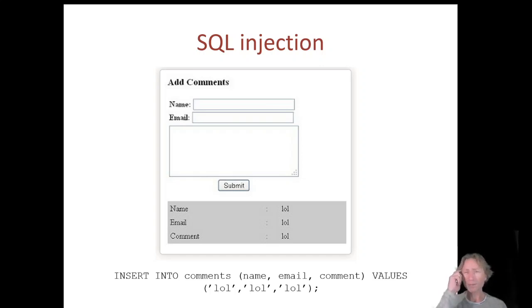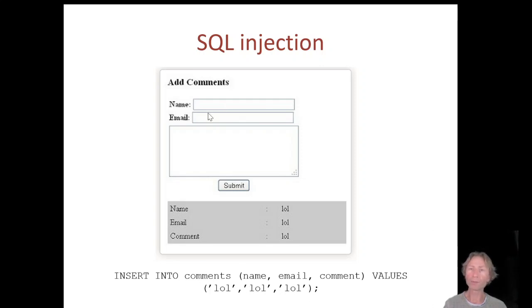Okay, so the website that we're going to look at will have a username and email field, and then maybe some more stuff that you can submit. Comments in this particular case for a feedback form, and it will show you the outputs underneath. So what the application will do with the form data that it receives here is it's going to use them in an insert query to put something in a database.